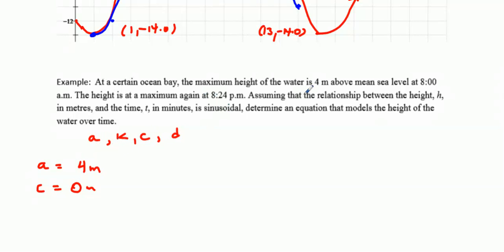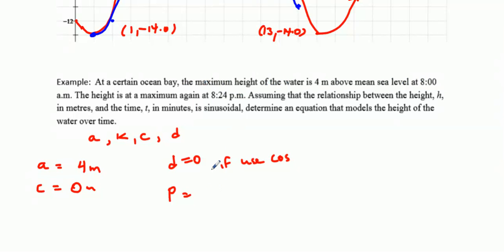Our K, well, let's think about our K. Let's go back to our D. Our D is going to be 0. It's at its max if we use cos, right? Okay, so let's think about our period. The period, it goes from max to max in 12 hours and 24 minutes.